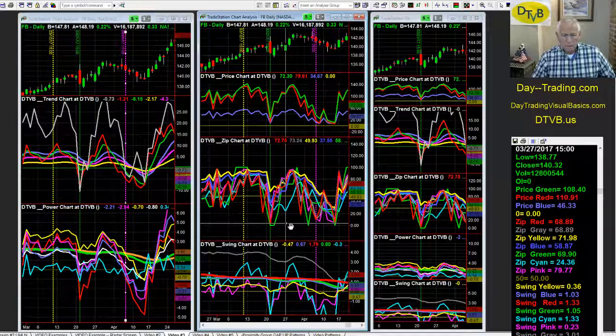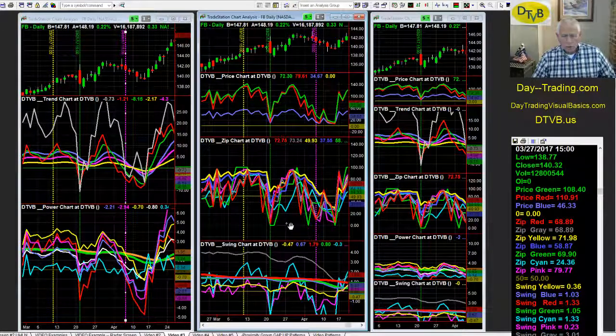Right here, where the line is between the green and the pink vertical lines, we have Zip Zion lowest, and we can identify what that means. When Zip Zion is lowest and going up, you're in an uptrend.